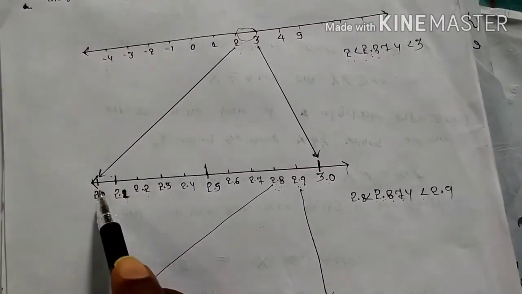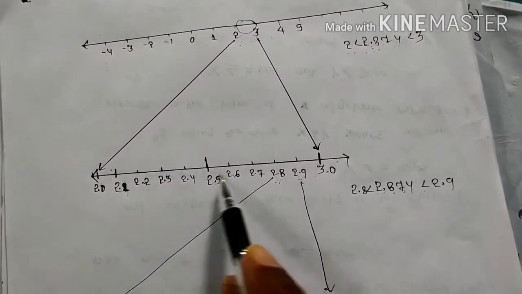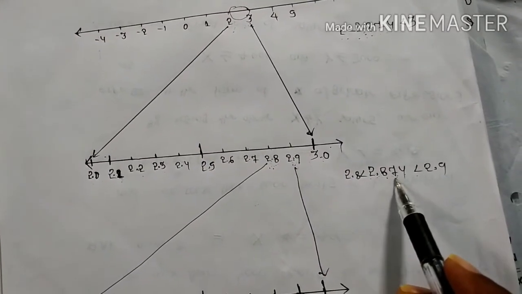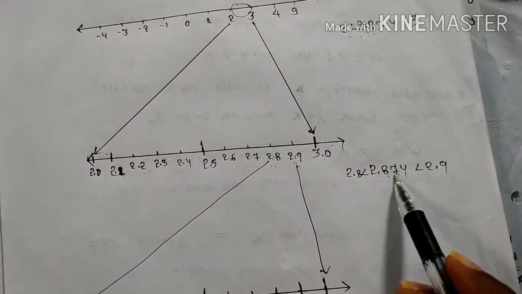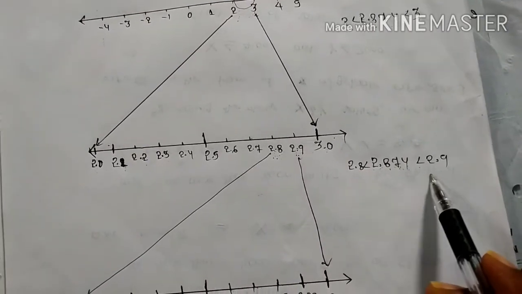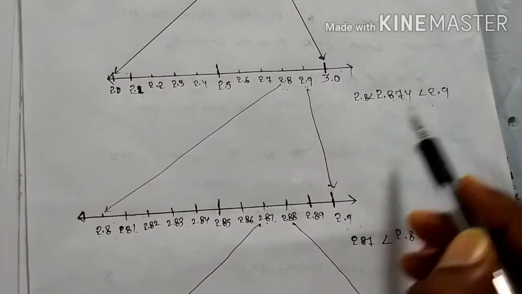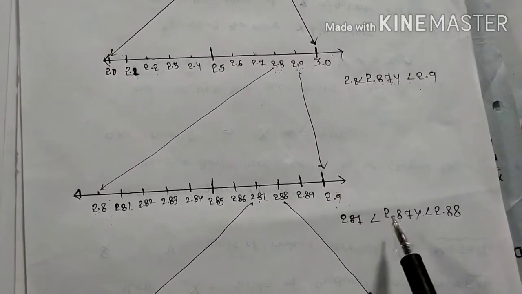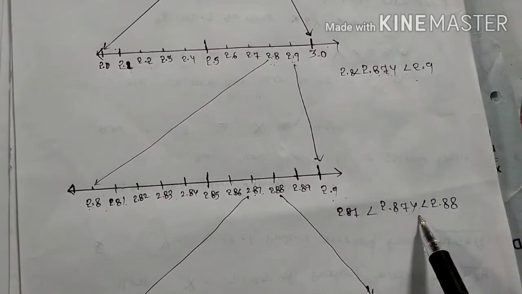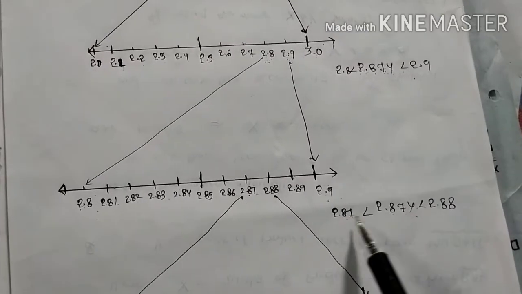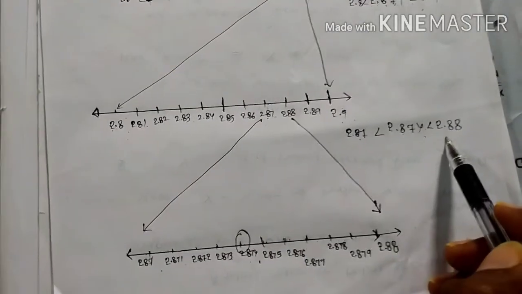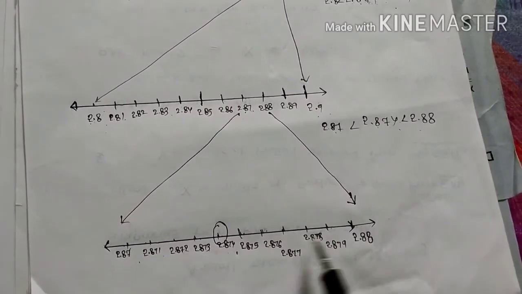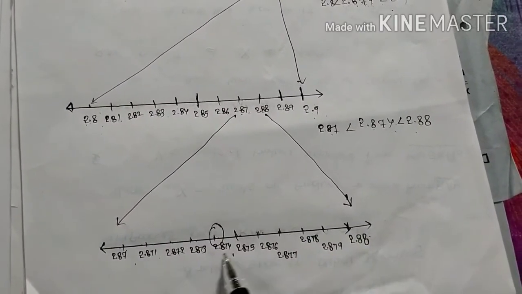Then 2.874 lies between 2.8 and 2.9, so we take 2.8 and 2.9 into 10 equal parts. After that 2.874 lies between 2.87 and 2.88, so once again we divide into 10 equal parts.